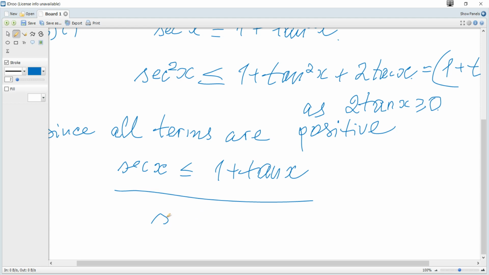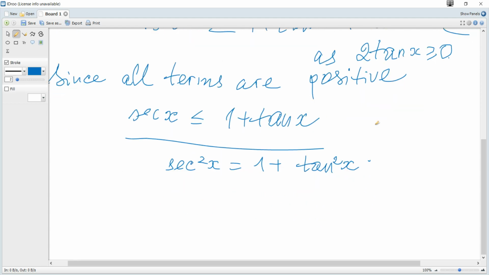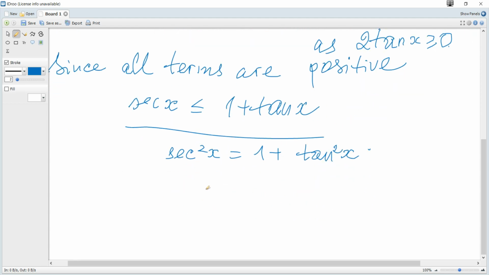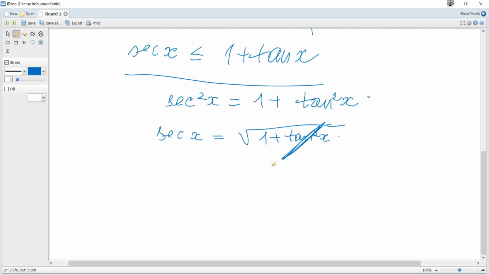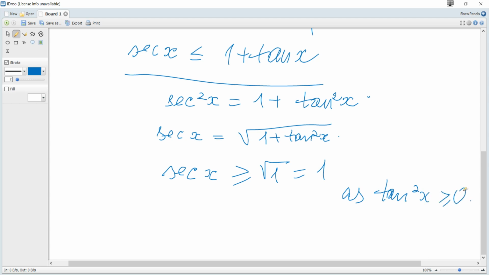So you may just write in words, but we can also use the formula. Secant squared of x is 1 plus tangent squared of x, so secant is the square root of 1 plus tangent squared of x. If we remove this term, secant becomes automatically greater or equal than the square root of 1, which is 1, as tangent squared of x is some positive value.